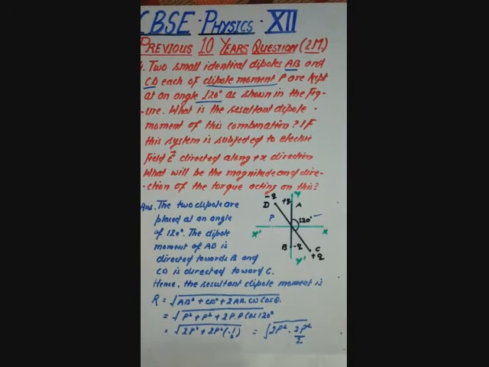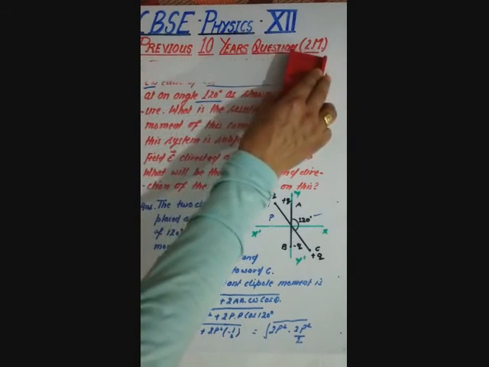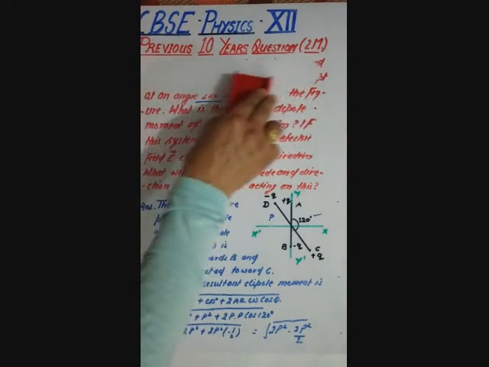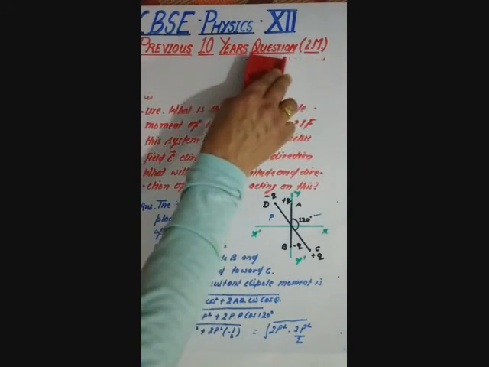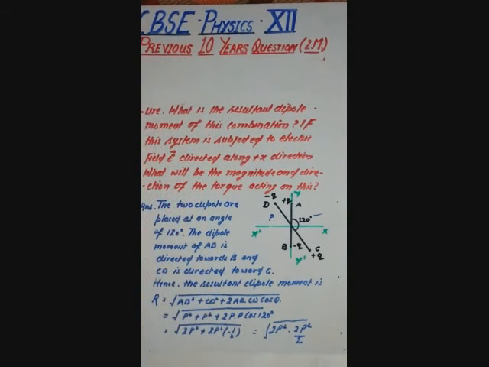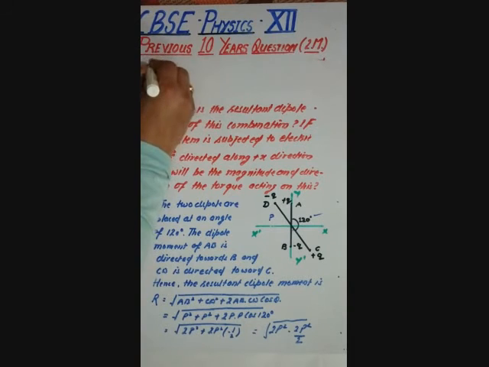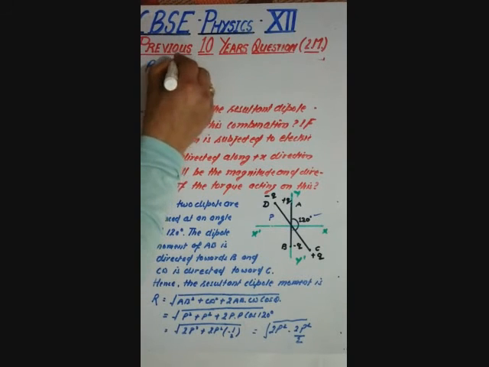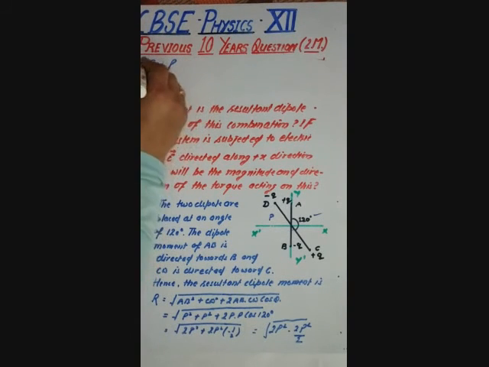So R, the resultant, will be P, the dipole moment.